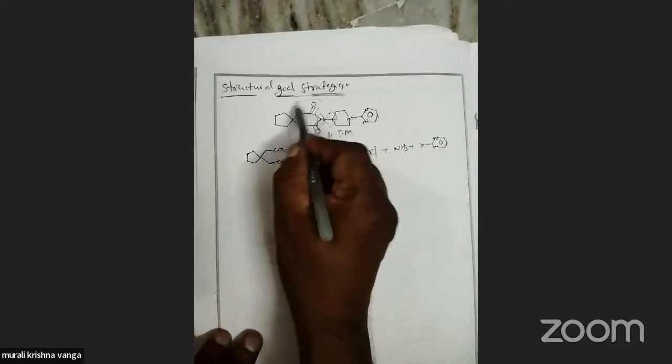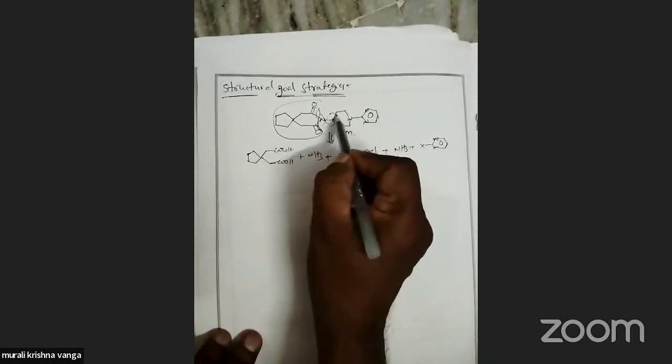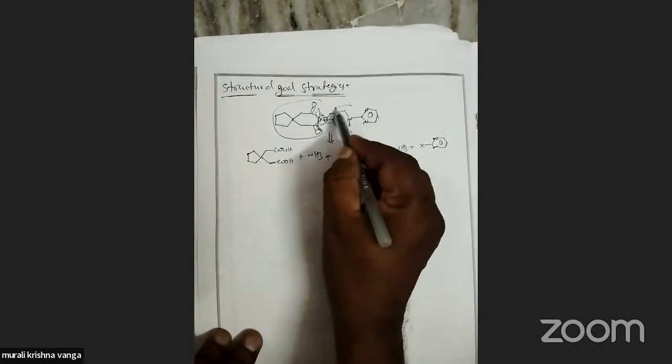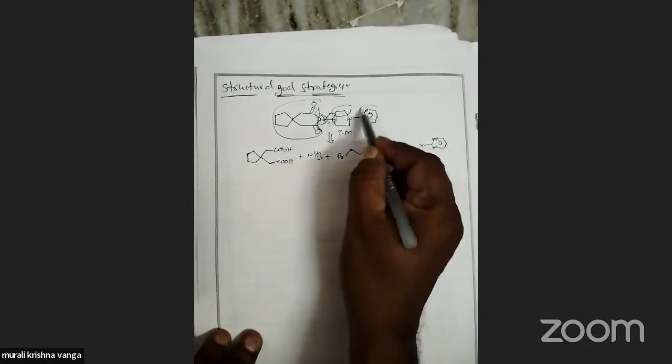That means this part will be disconnected, and these are the ammonia moieties, and this is this moiety, and this is this moiety.